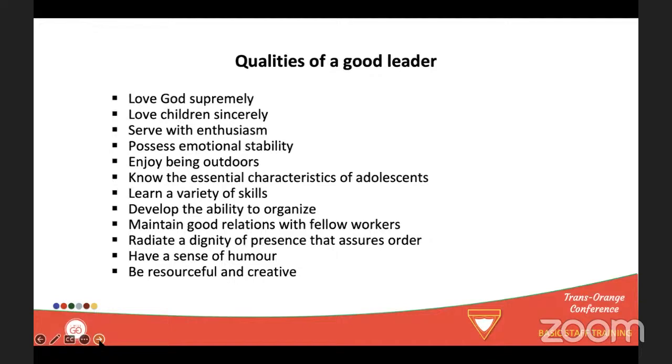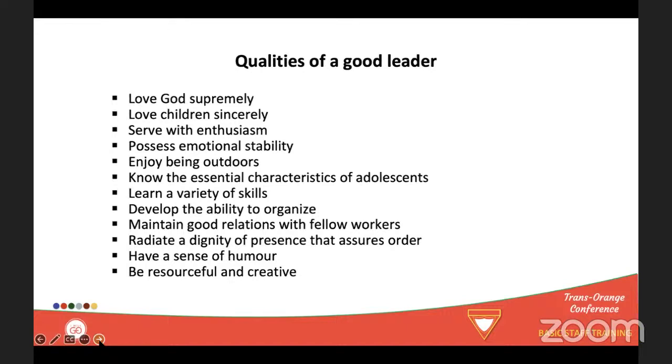What are the qualities of a good leader? A good leader loves God supremely. We are in church, and we are not talking about the leaders in the world, but we are talking about the leaders for Pathfinders and Adventurers. So the qualities of a good leader, in this context, are: loves God supremely, loves children sincerely, serves with enthusiasm.